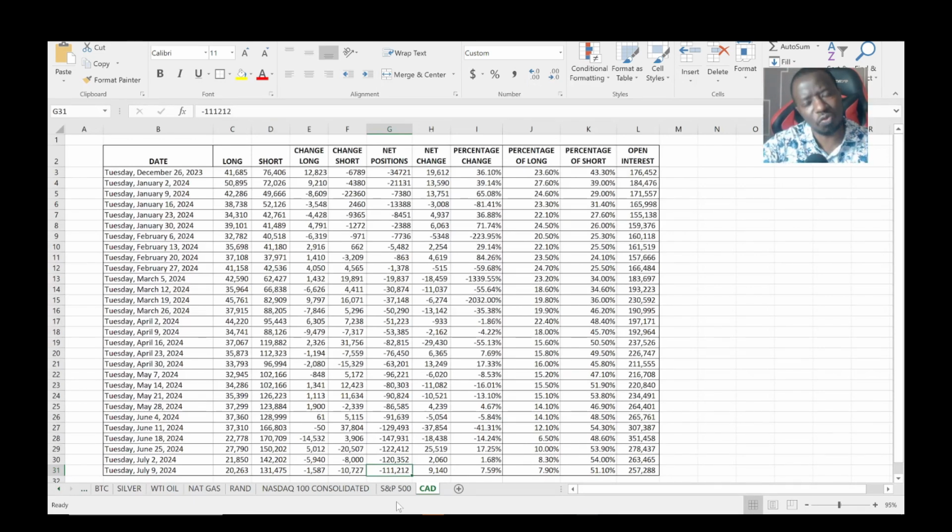That means the confidence in the Canadian dollar against the US dollar is running short. It is small. It is lost. And so they are losing confidence in the Canadian dollar, thus selling it, and gaining confidence in the US dollar against the Canadian dollar, and thus buying it.